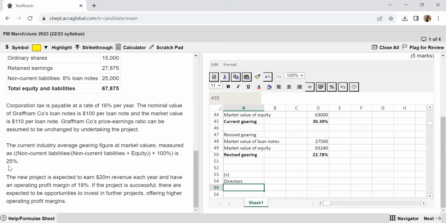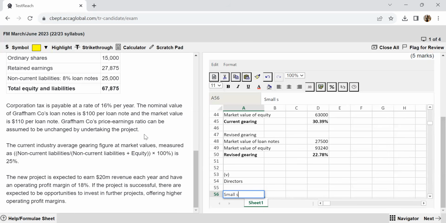The new gearing ratio, if they go for the rights issue to finance this project, will bring them very close to the industry gearing ratio. In fact, you will be lower than the industry average gearing ratio, and that is why the directors want to go ahead with it.